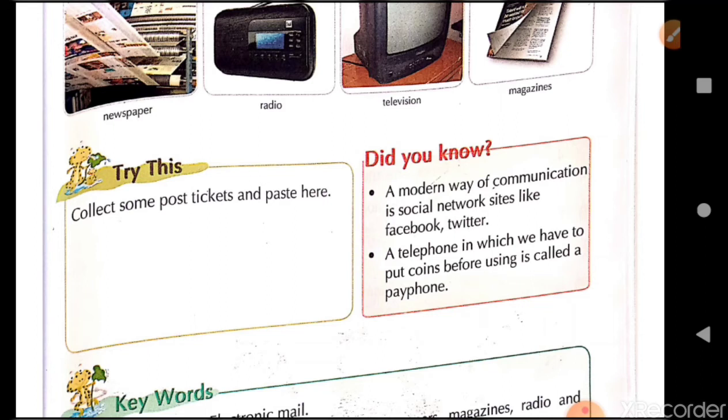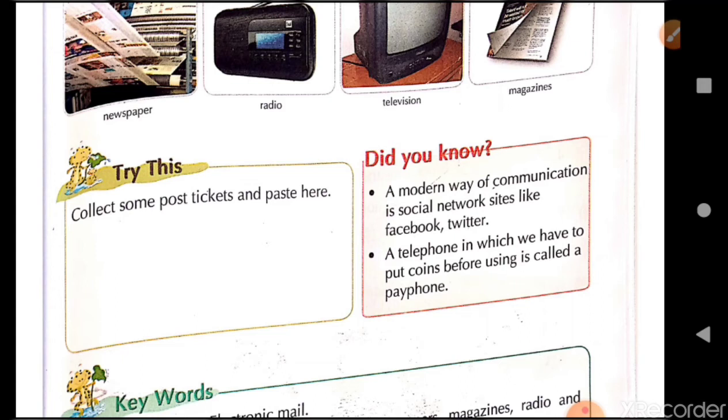There used to be a slot, and a 1 rupee coin had to be inserted before starting a call, and that coin was valid for some time, maybe for 1 minute or 2 minutes, and if somebody wished to continue, one had to put more 1 rupee coins. So it was called a payphone.